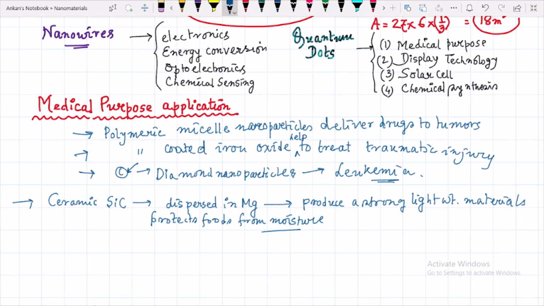And the next thing is that silver nanoparticles can be used to make clothes bacteria and odor resistant.